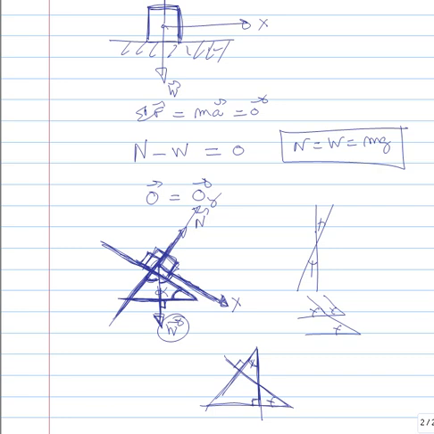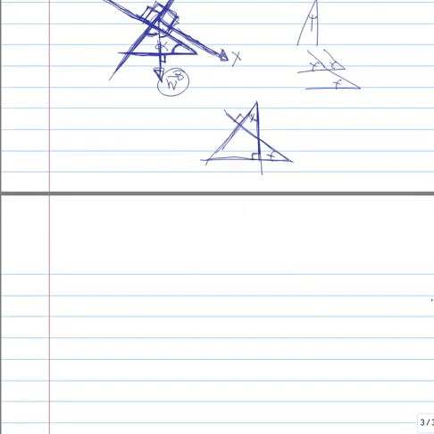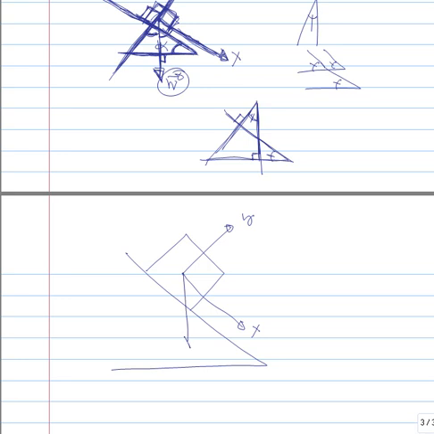Let me redo it in a bigger picture. This is x, this is y, this is W, this is alpha. This one is perpendicular to this, and now let's look for whoever is perpendicular to the other one. Bing. This one. Therefore this angle is the same as this angle, therefore this is alpha.